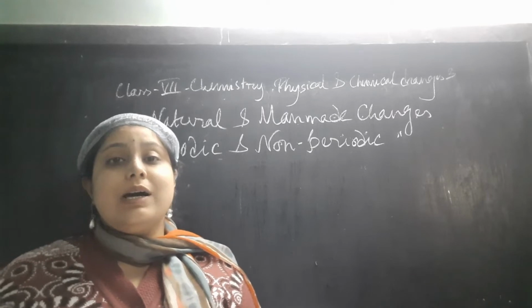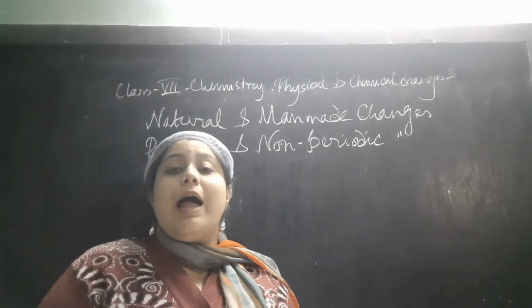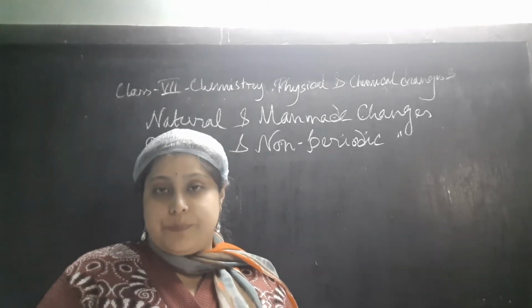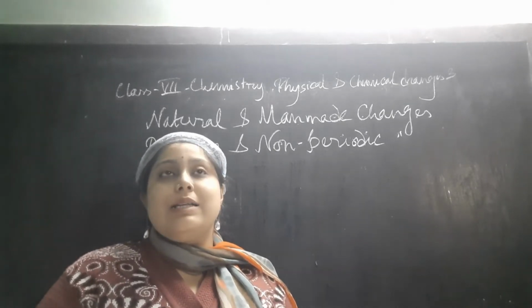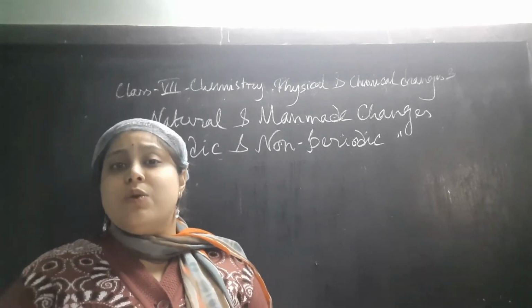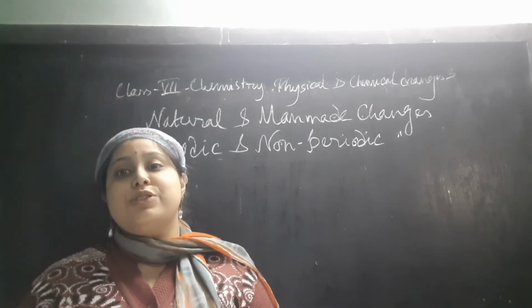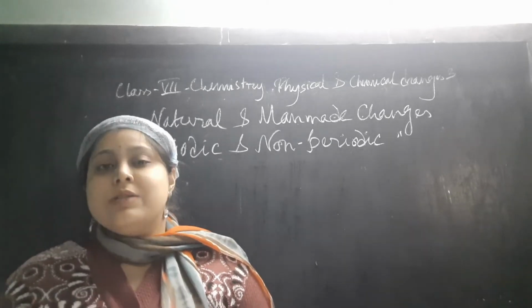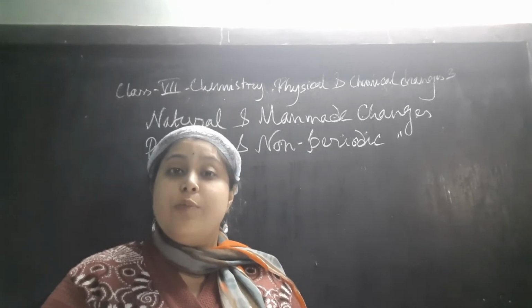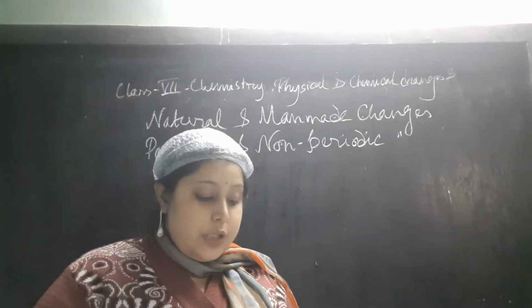In hilly areas landslides are very common, but no one knows when a landslide will happen. Scientists can detect that it might happen around a time, but there is no fixed schedule. So it is a non-periodic change.